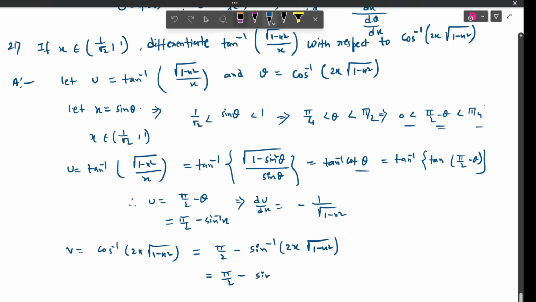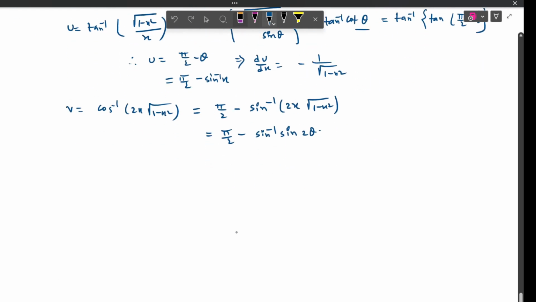So we got sin inverse sin 2 theta, right? Again, we have seen that theta lies between pi by 4 and pi by 2.